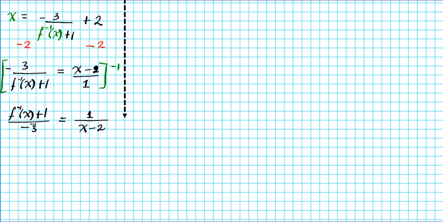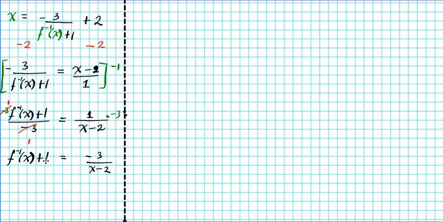Now the next step is to get rid of negative 3. This can be accomplished by multiplying both sides of the equation by negative 3. Negative 3 is divided out to 1 on the left side, so we will be left with the inverse of f of x plus 1 equals negative 3 divided by x minus 2.